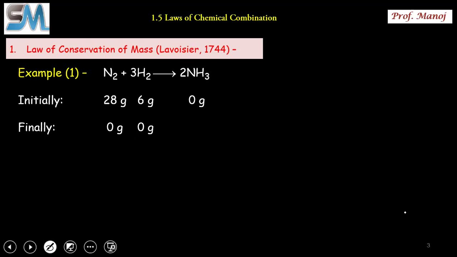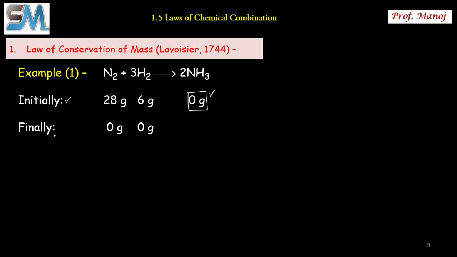First, if 28 gram of nitrogen is combining with 6 gram of hydrogen, you know how much ammonia is present initially? When we say initially, that means the reaction has not started. That is why this is going to be 0 gram. So please remember, if someone asks you about the initial amount of product in the initial state, it's always going to be 0.